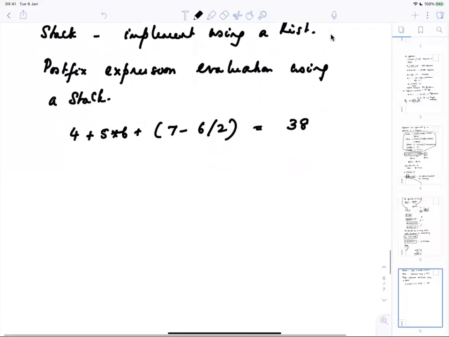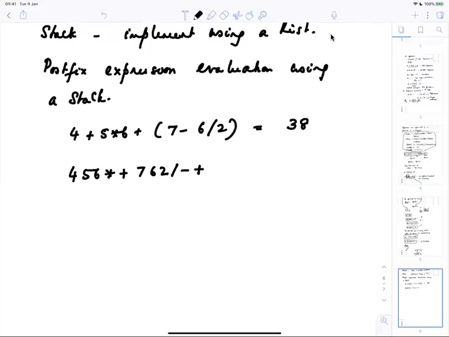Okay. So let's convert this to postfix first, and let's say this is the expression that we have. I'm just using the algorithm that we already know. Then I see a bracket, 2 slash minus, and then finally the plus.